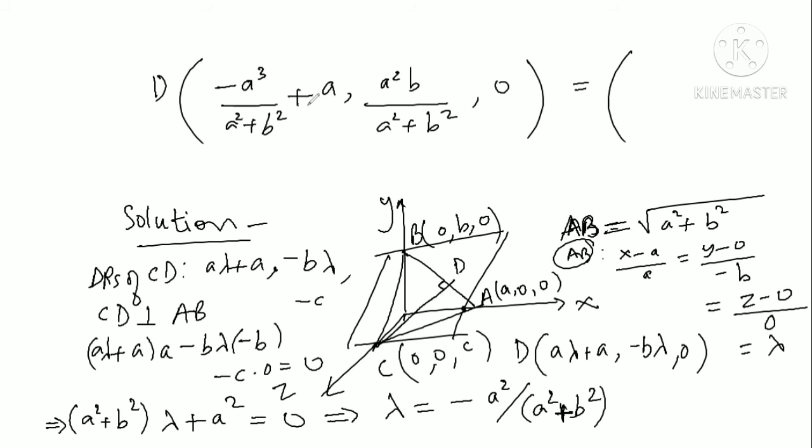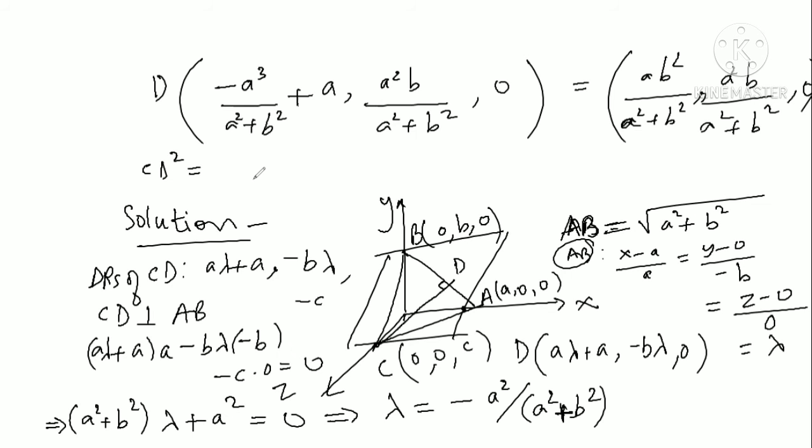Now we can simplify. This will become a cube plus ab square; a cube minus a cube will cancel. So ab square divided by a square plus b square, comma a square b divided by a square plus b square, comma 0. So this is the coordinates of d, and coordinates of c is 0 comma 0 comma c. Now we can apply the distance formula.